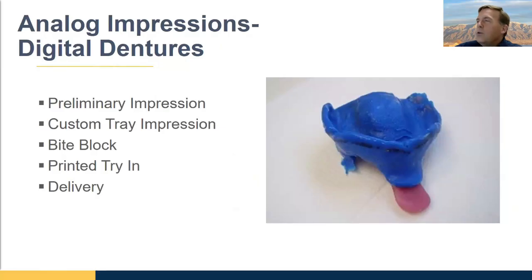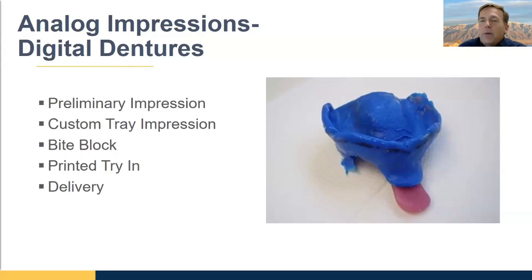So what if you want to do an analog impression in digital dentures? There really isn't a good analog workflow for the reference denture workflow. You could conceivably take a reline impression inside your denture, take a bite.